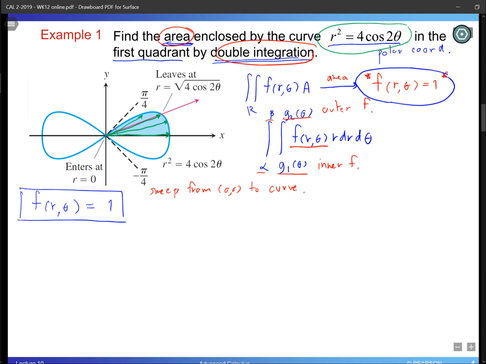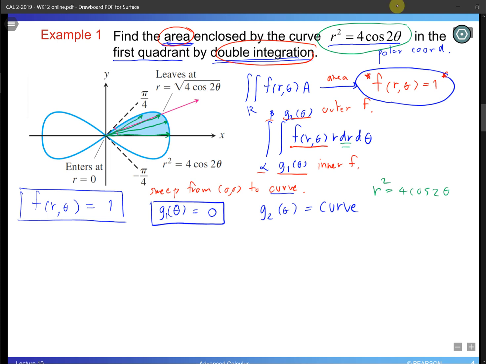Alright, which means that the starting point is the origin, so g1 theta, the inner function, is going to be equal to 0. Radius equal to 0. And then to the curve right here, that is g2 theta. The curve that we are looking at here is r squared equal to 4 cosine 2 theta. But here we are integrating with respect to r, so we can't just use r squared.